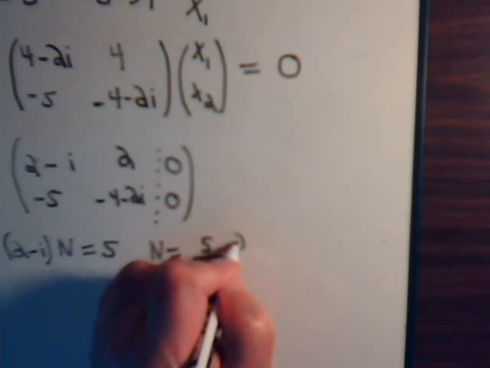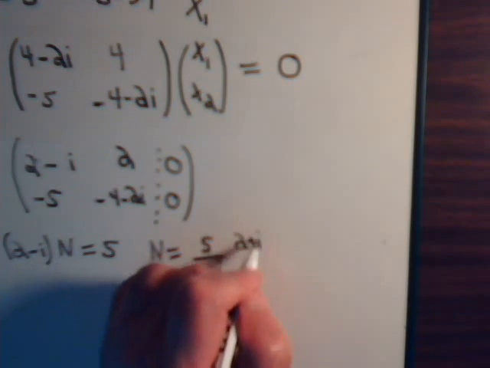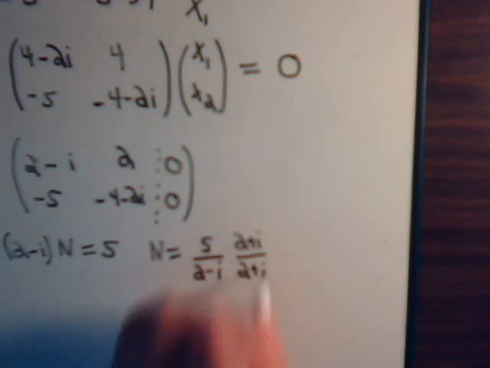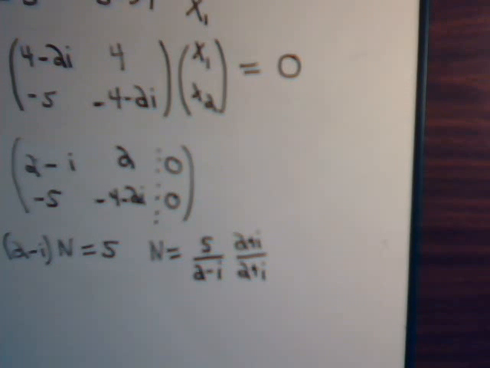So we can go ahead and do our rationalization like this. So we can determine what n is. And here then, down here in the bottom, we have 2 times 2 is 4. The cross terms cancel out. Minus 2i plus 2i, that's 0.